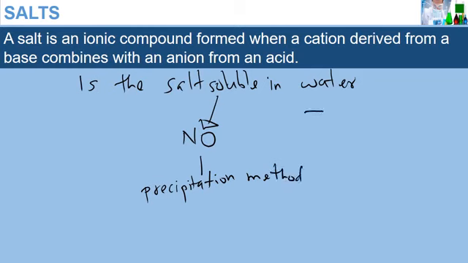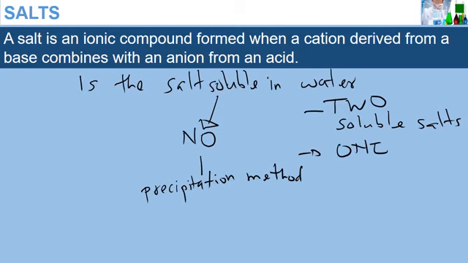In this method, you'll need to take two soluble salts and you react them together to yield one insoluble salt that we are interested in and another soluble salt.